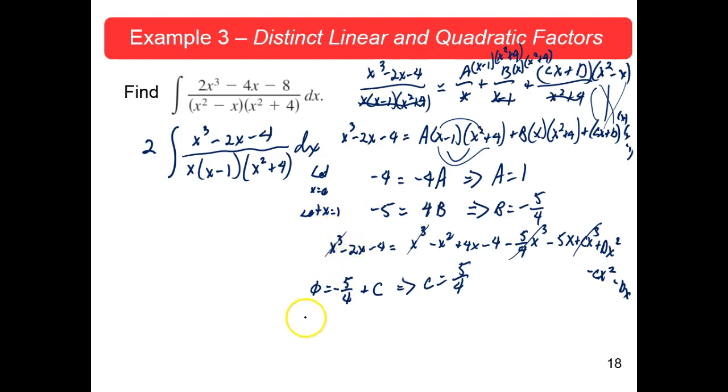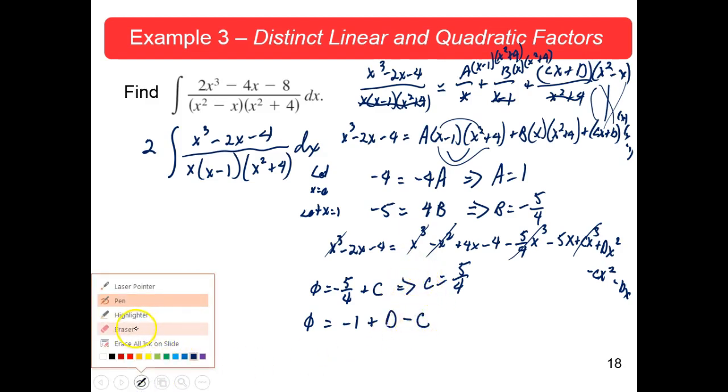Right? So let's go to the quadratic terms. You don't have a quadratic term here. So that's another 0 is equal to a minus 1 from here plus d minus c. But c was 5/4. So let's make that a minus 5/4.